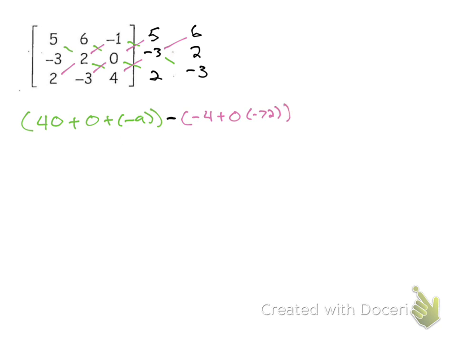I'm going to add a plus sign in there in a second. I don't know why I didn't. So 40 minus 9 gives me 31 minus a negative 76. So minus a negative makes that plus. So the determinant there would be 107.